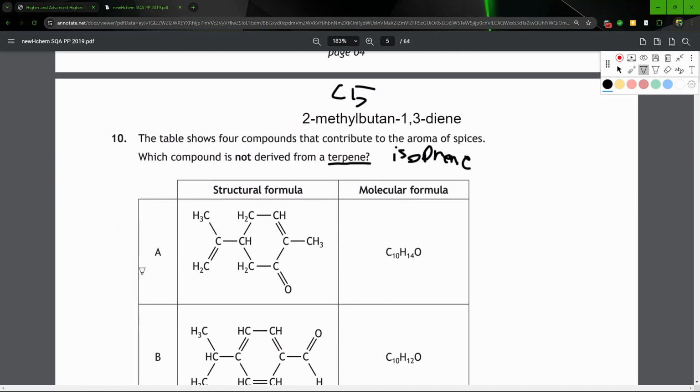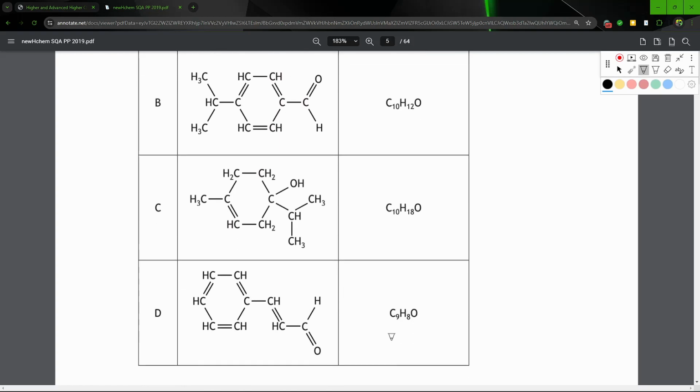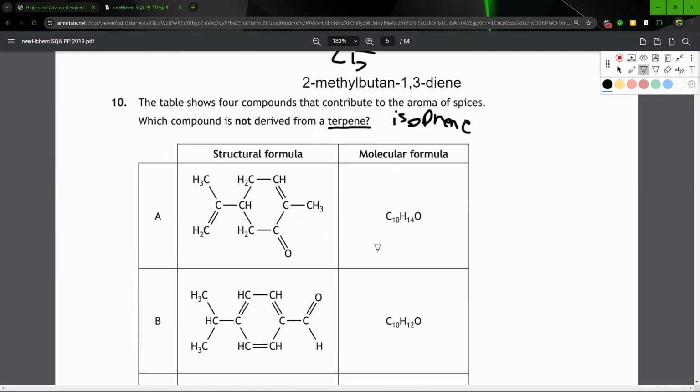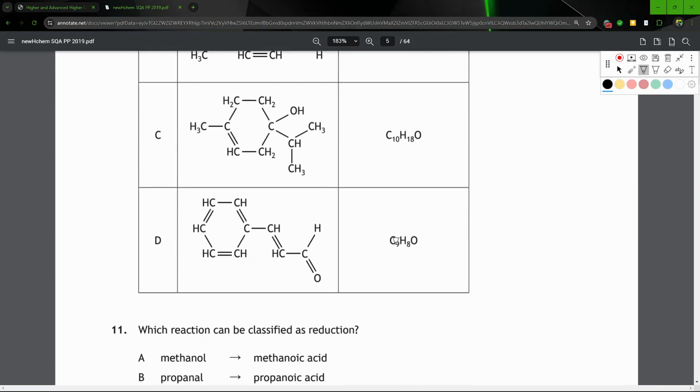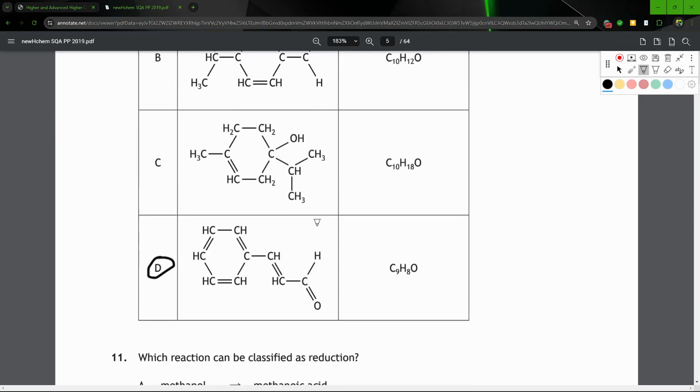So, for example, A would have 2 of them stuck together to create a C10. And we can see A, B, and C are all C10, C10, C10. But D is C9, which means it can't be derived from a terpene because 2 isoprenes wouldn't be able to equal 9. So it has to be D because it's asking for what is not derived from a terpene.